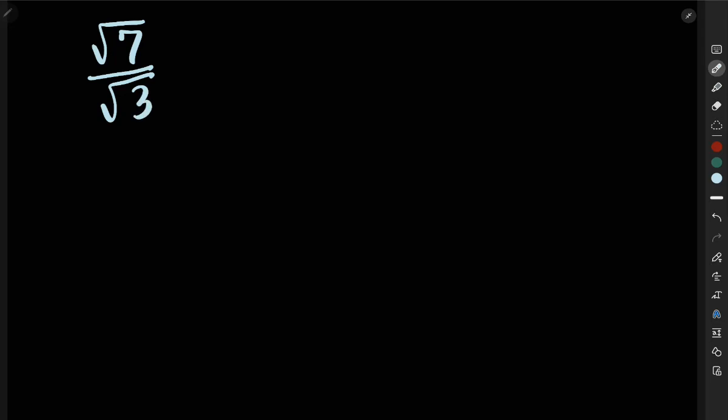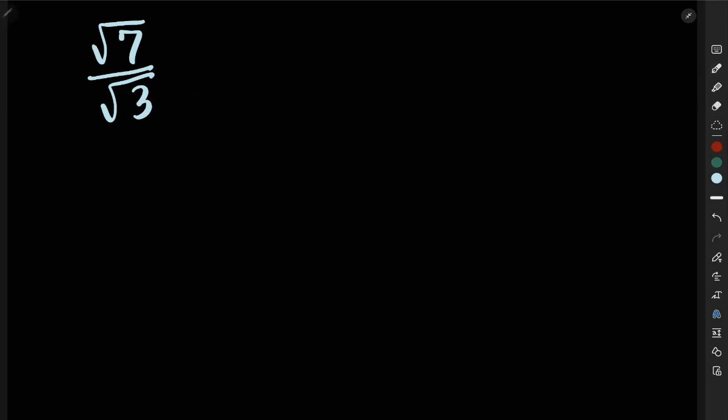So if you say rationalize, meaning you are going to make this denominator remove the radical symbol. So there's no problem with the numerator, but the denominator must have no more radical sign, meaning there's no more square root, cube root, or fourth root, and so on.